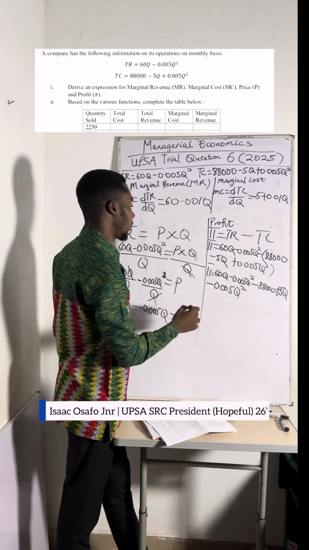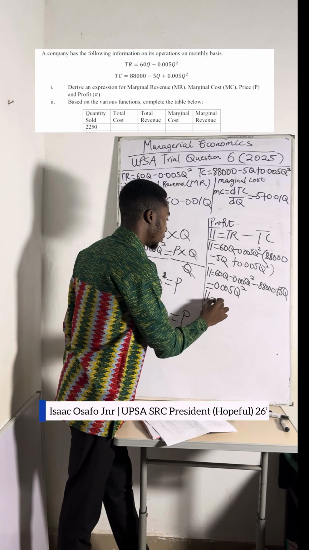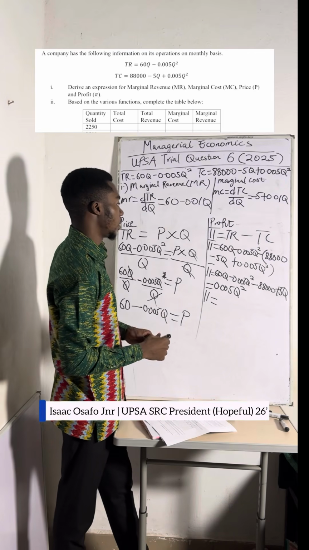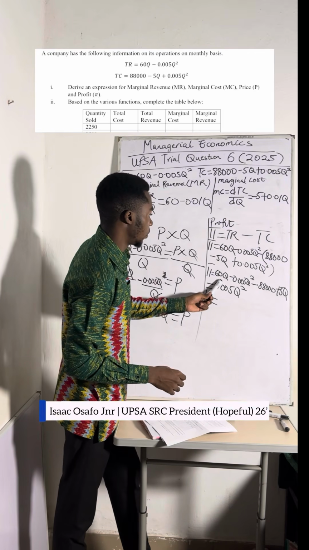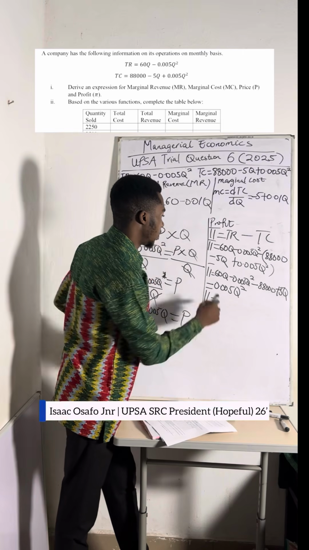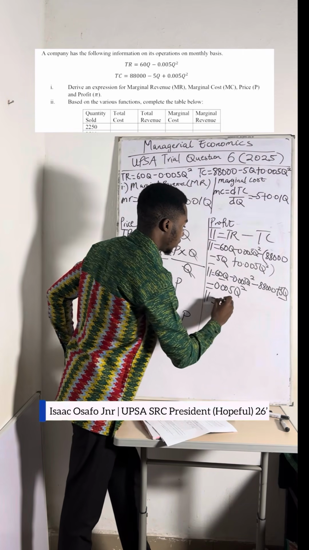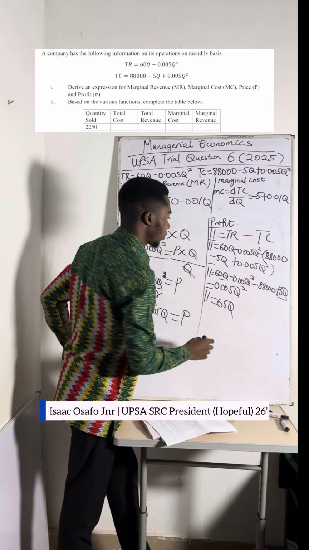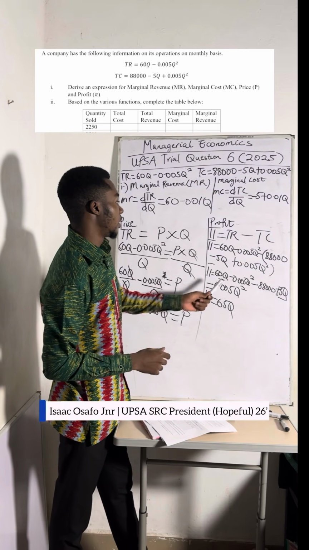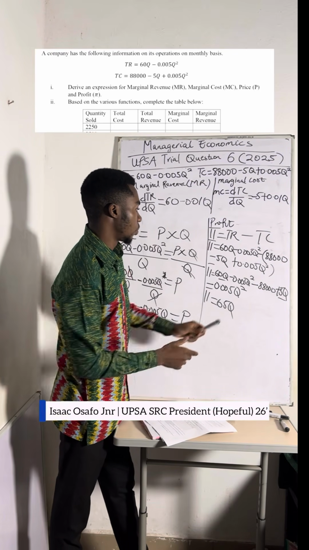So now for our final profit function, we can group like terms. So our profit will be equal to 60Q. Is there any other Q? Yes, we have 5Q here. So 60Q plus 5Q will give us 65Q. Then negative 0.005Q squared.